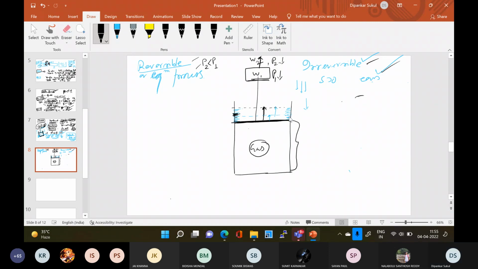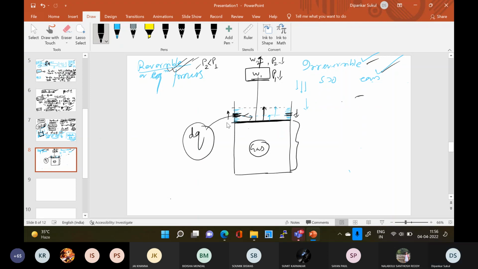Suppose I will take just 5 minutes more. Suppose a particular intermediate step, and the equivalent intermediate step. This is during expansion, this is during compression. Now, if it is a truly reversible or equilibrium process, during expansion, suppose during this particular intermediate step the system is absorbing dq amount of heat from the surrounding.